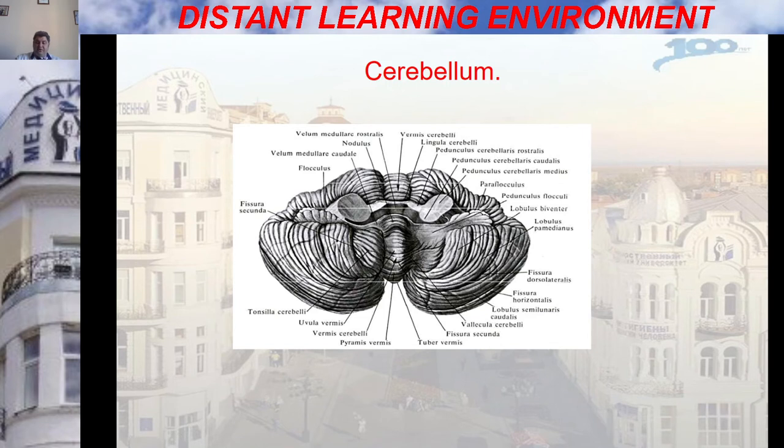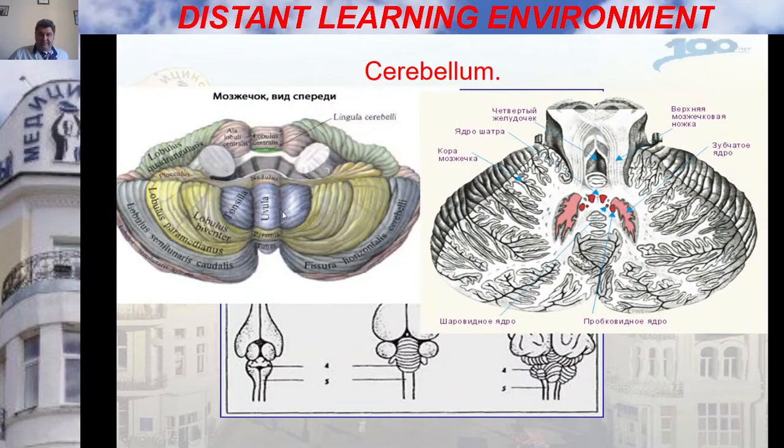The posterior border has a narrower posterior notch separating the hemispheres one from the other. The surface of the cerebellum is covered with a layer of gray matter constituting its cortex and forms narrow cerebellar folia, separated one from another by fissures. You may see these fissures and folia cerebelli here and also here.